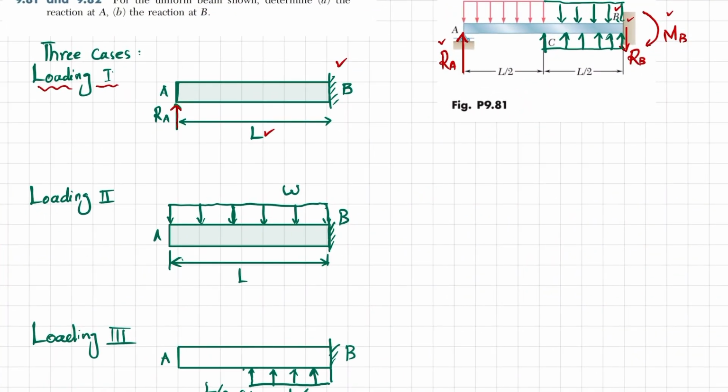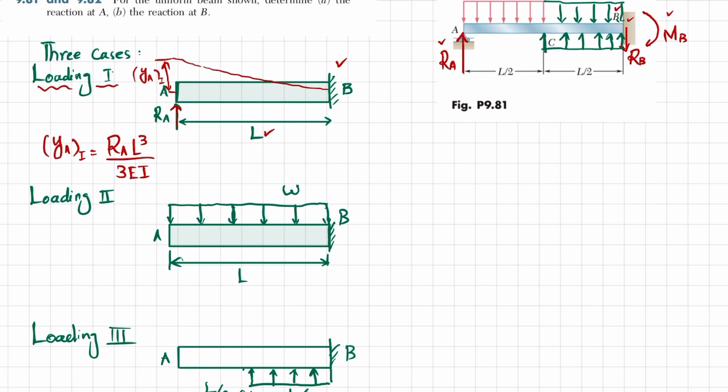In this case you have YA for loading 1 equal to RA, with P replaced by RA, so RA L cubed over 3EI. How? You can see that due to this loading, this beam will behave like this. So this will be its YA1.